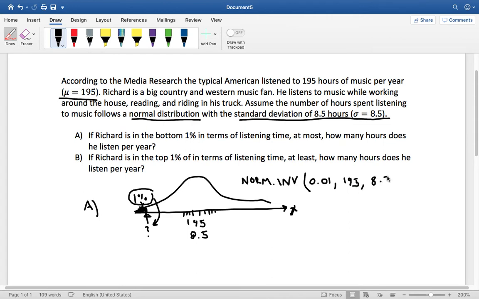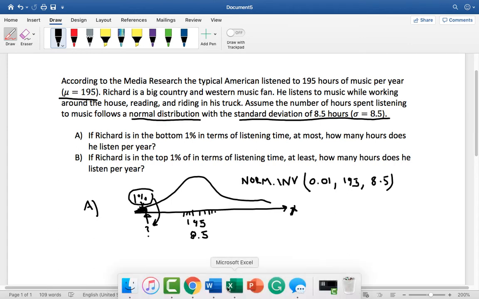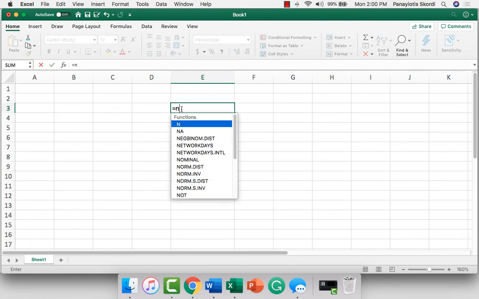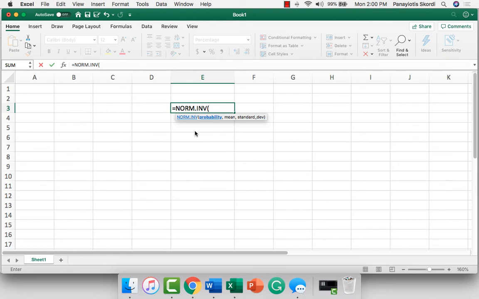So I can pop over to Excel and put these values in. Let's see what value we get. It's going to be equal to norm.inverse, and the area to the left of that point is 0.01, which is 1%, and then the mean, which is 195, and the standard deviation, which is 8.5.